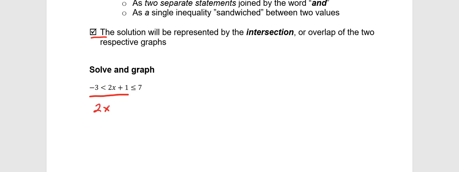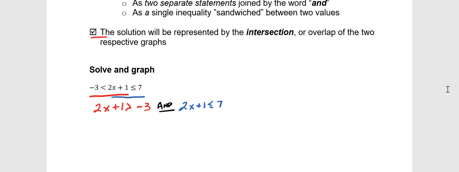The mouth is opening to the 2x plus 1, so it's greater than -3. Then I'm going to write that middle expression again, but this time from the middle off to the right. So I'm going to say 2x plus 1 is less than or equal to 7. By pulling it apart like that, we're essentially creating an and statement.